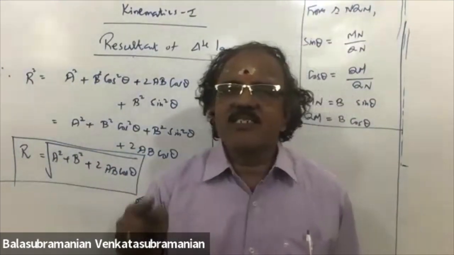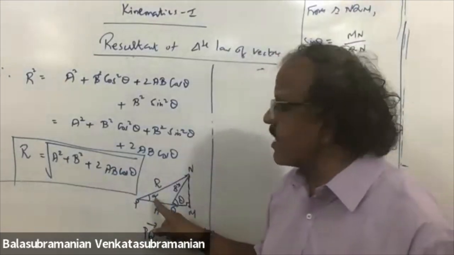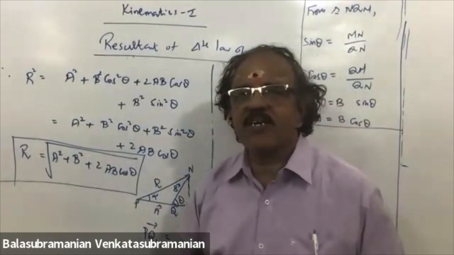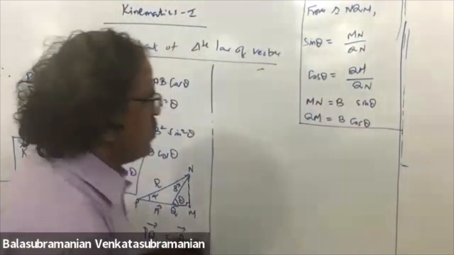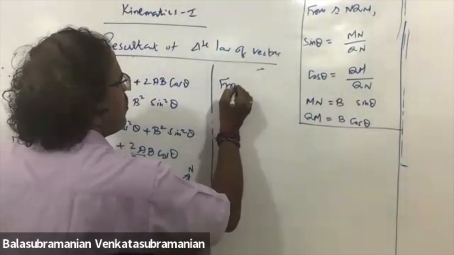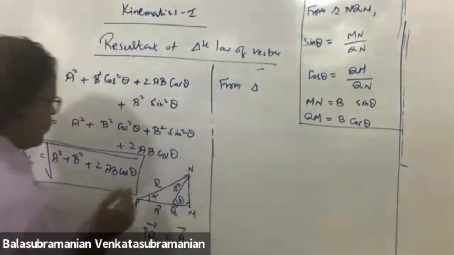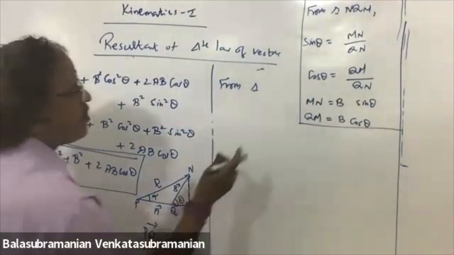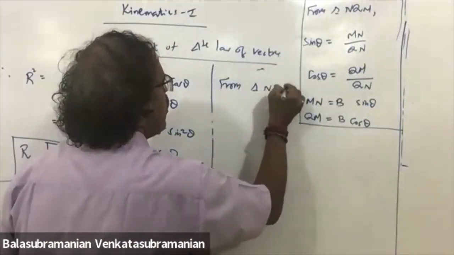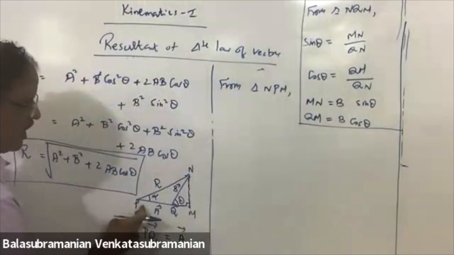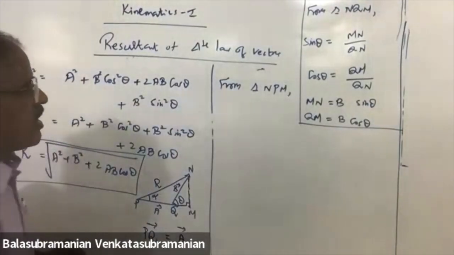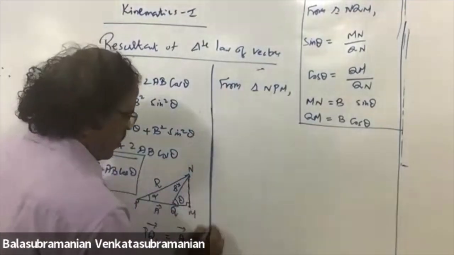In our case, for the resultant direction, we have to calculate tan alpha. Resultant means tan, that's all. So from triangle NPM, calculate tan alpha.